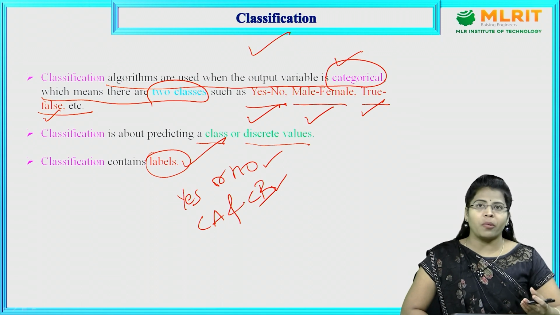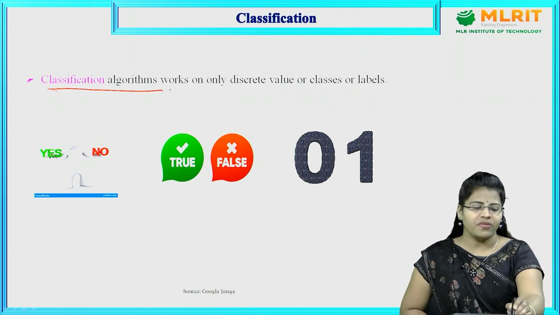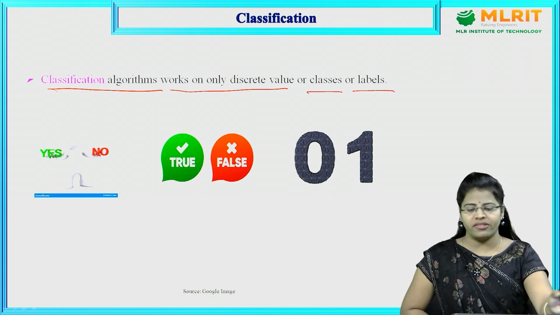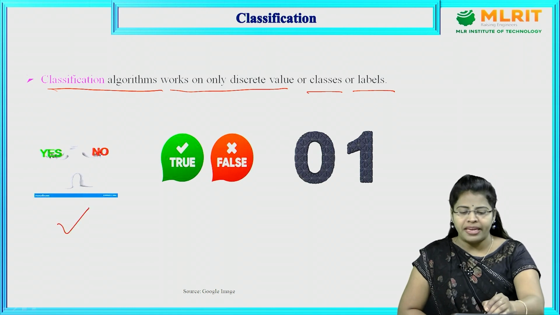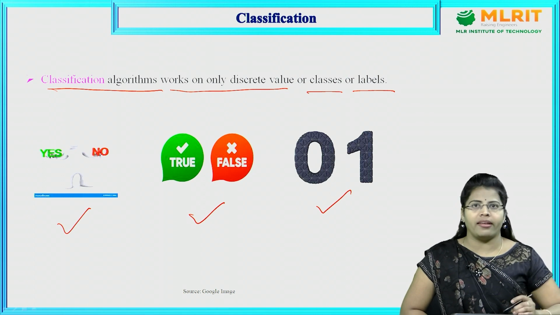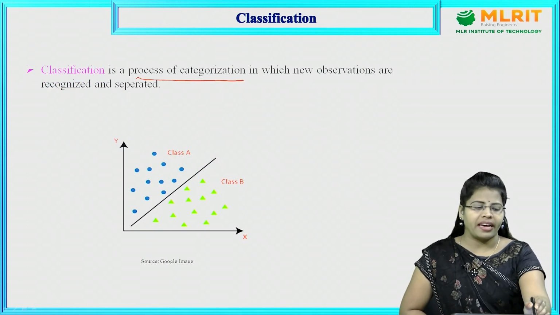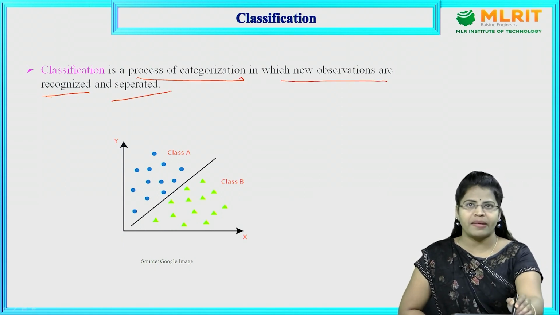That type of problem comes under classification. Classification algorithms work only on discrete values or classes or labels, like yes or no, true or false, 0 or 1.